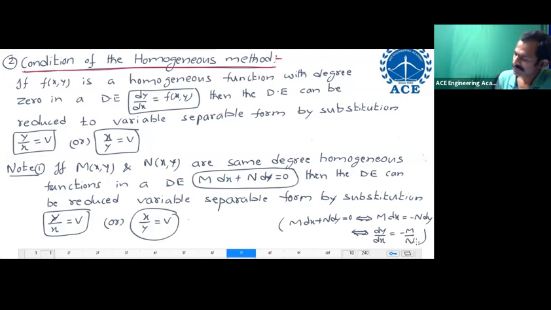After writing m dx plus n dy equal to 0 like this, dy by dx equal to minus m by n. In this m by n, both m and n are same degree homogeneous functions, so m by n will be a homogeneous function with degree 0 only. That is why the same condition holds for both. That's all. This is about the condition of the homogeneous method. Now let us go to the problem on this.